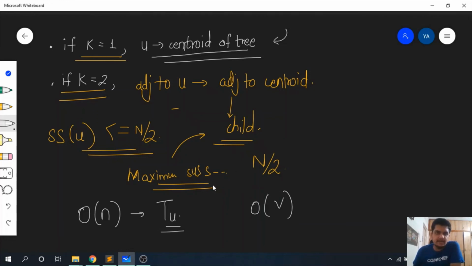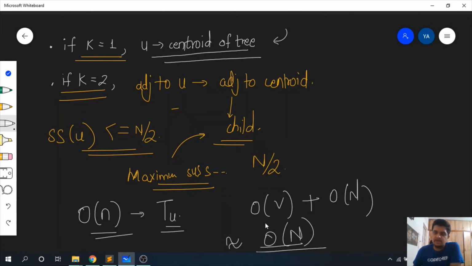So it will be O of V plus O of n. Actually, the overall complexity, including the DFS and all, will be O of n. So in O of n we can finish this solution.